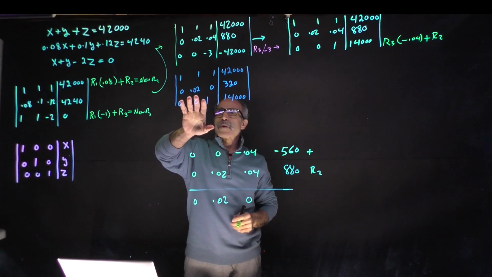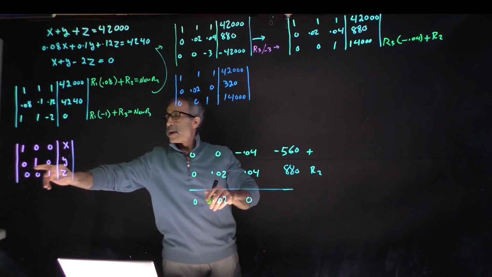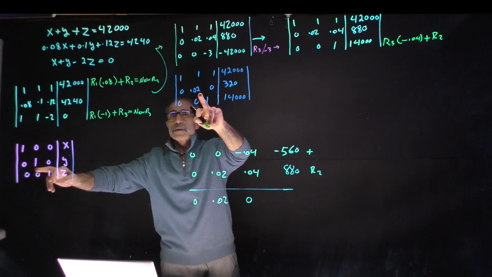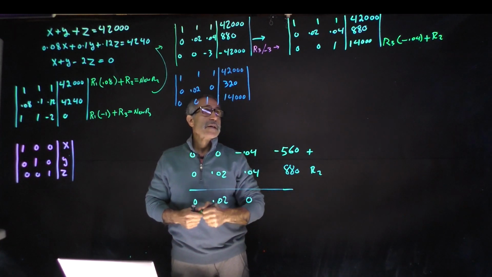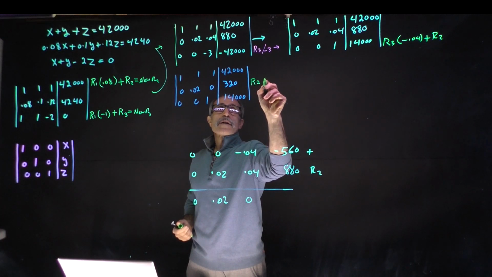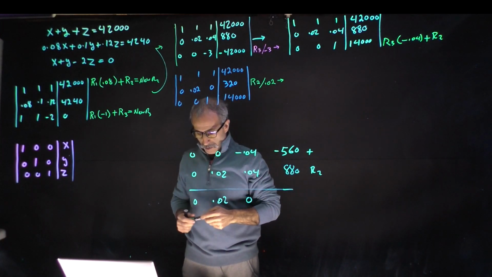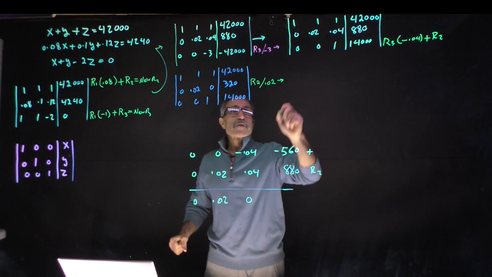Now you look at here and you look at this row. I got 0, I got 0. I want to make this 0.02 into a 1. That's easy. All I got to do is divide by 0.02. So I'm going to say row 2 divided by 0.02. I don't even have to do a calculation. So now we're going to have row 2.